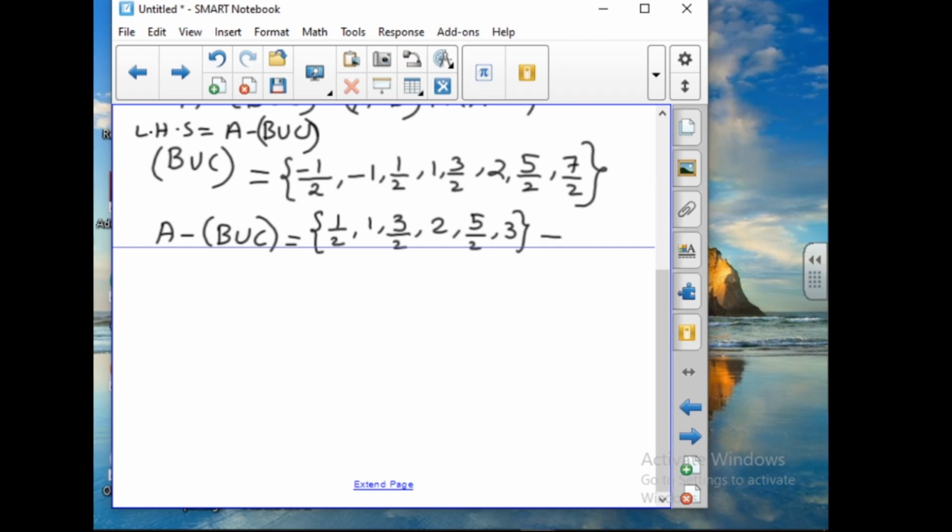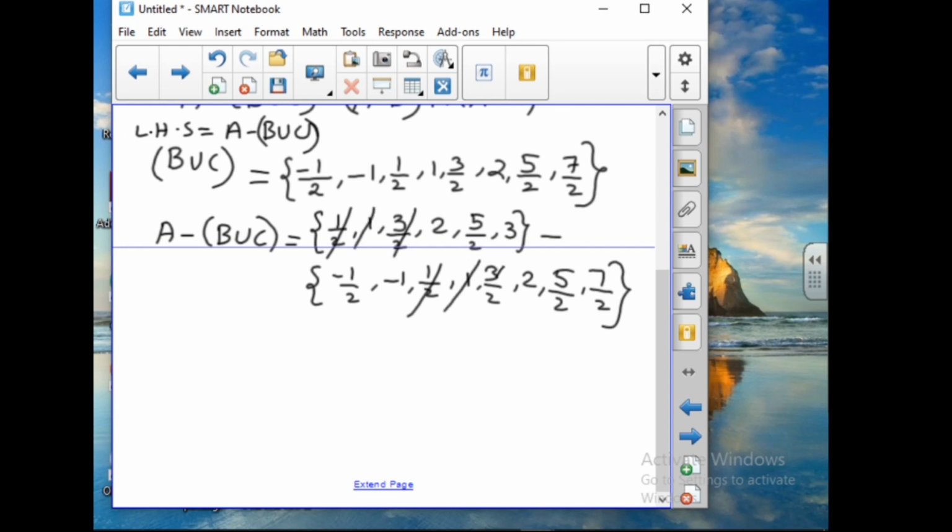In this you have to eliminate B union C, which is minus 1 by 2, minus 1, 1 by 2, 1, 3 by 2, 2, 5 by 2, and 7 by 2. Carefully you have to write because so many elements are there. Common elements 1 by 2, 1, 3 by 2, 2, 5 by 2 you have to eliminate. So the remaining element of A is only 3. This is your equation number 1.